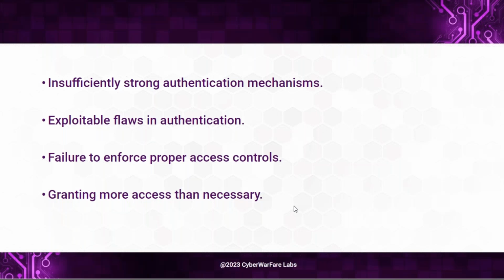So these are the authentication and authorization flaw test cases. First point, insufficiently strong authentication mechanisms. This means the ways we use to make sure we know who's using the API might not be strong or reliable enough.